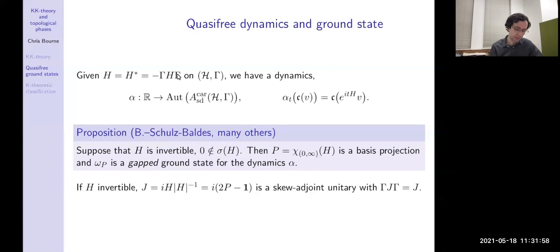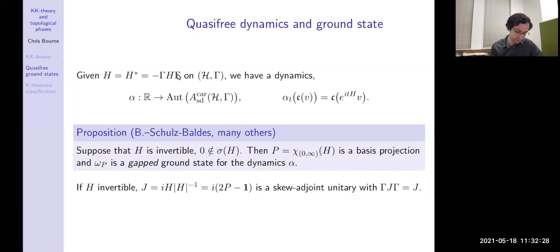We just need this invertibility condition of this H, because you're building this GNS space, roughly speaking, from the second quantization of this guy, but restricted to only the positive energies. And because you're starting out with a gap, you'll keep that gap.